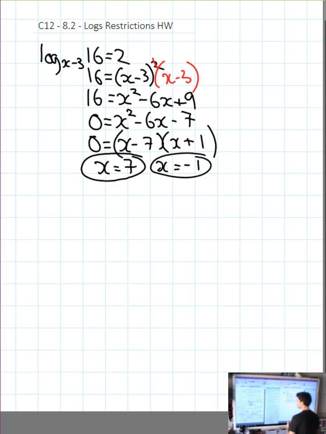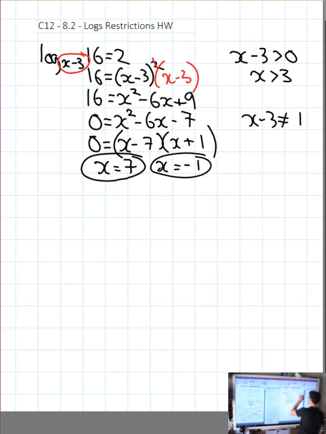So what are my restrictions? Well, this time we have a base of x minus 3. So we know that x minus 3 needs to be greater than 0, and we know that x minus 3 cannot equal 1. So if I solve the first equation, x needs to be greater than 3. And if I solve the second equation, x can't equal 4.